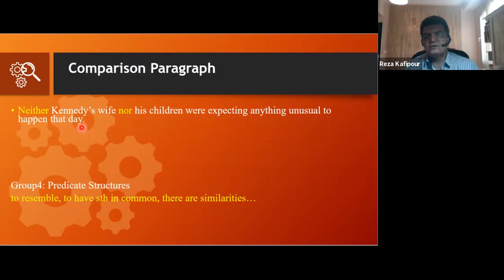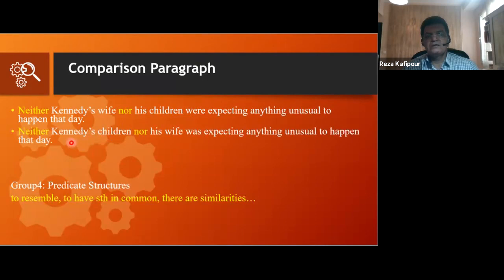So how to say it by using neither nor? Neither Kennedy's wife nor his children were expecting. As we said before, the verb refers to the nearer subject, or let's say the verb should be consistent with the noun after nor. So because of his children, we say were.